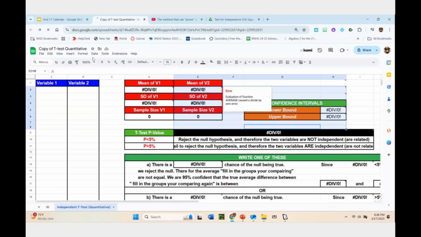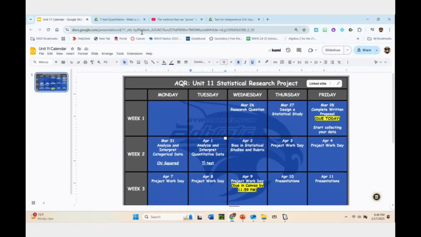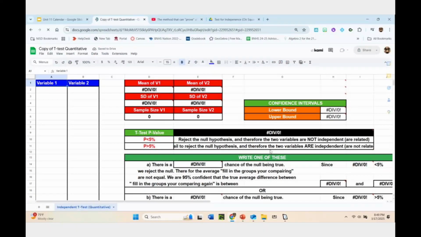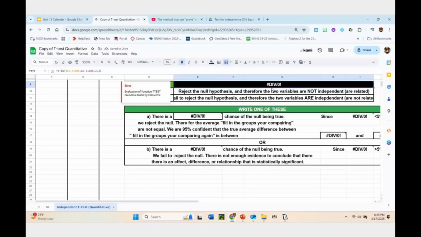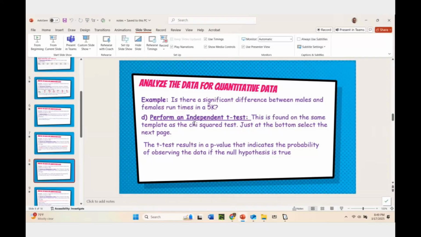Then we have this upper and lower bound, which we'll talk about in a second. And then we have the p-value at the bottom like we did in the other one. We're going to need to interpret that: is p greater than 5 or less than 5%? I don't know if I have that on here or not, but we'll see.